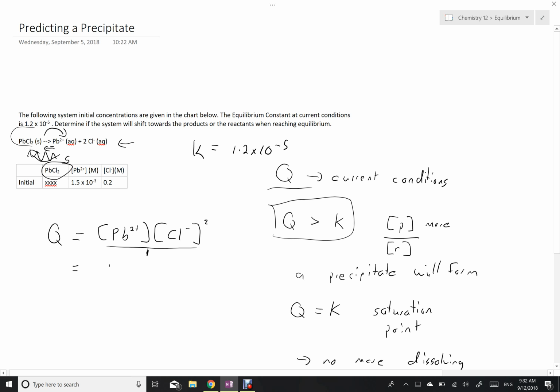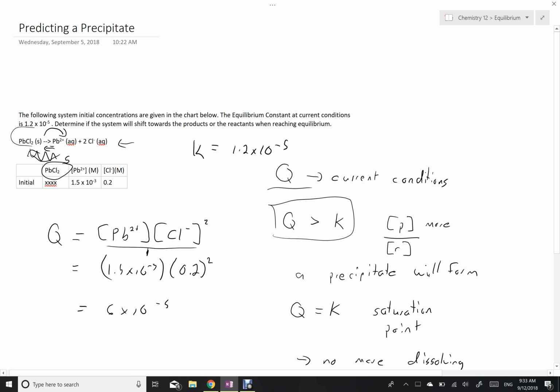So 1.5 times 10 to the negative 3 times 0.2 squared. And I get 6 times 10 to the negative 5.